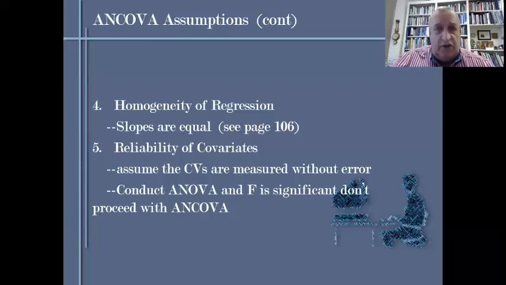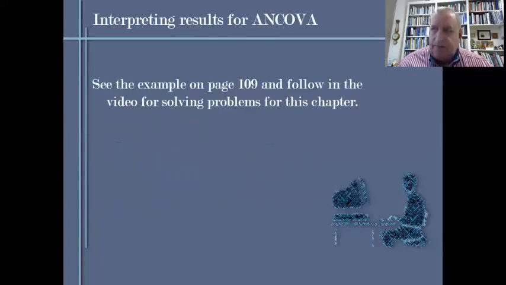One of the first things you do in the ANCOVA is conduct an ANOVA, and if you find a significant ANOVA, then you don't proceed with the ANCOVA because you got the results you want and you don't need to control for that other variable.